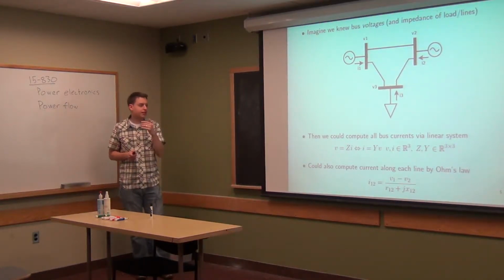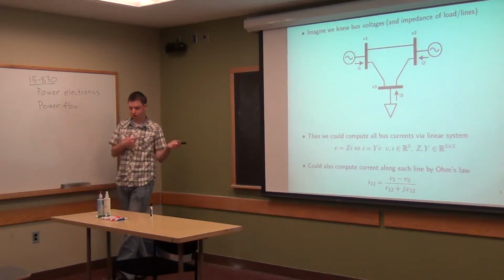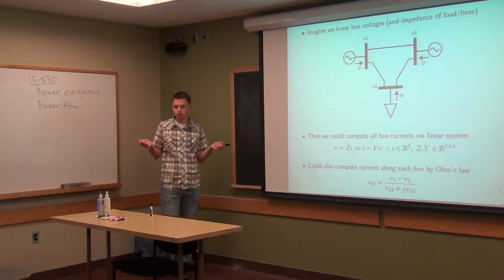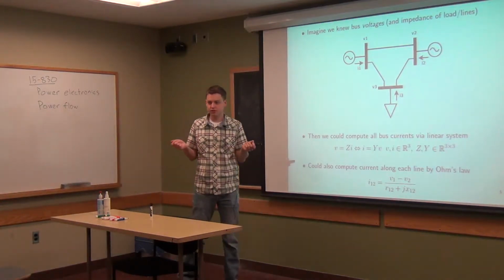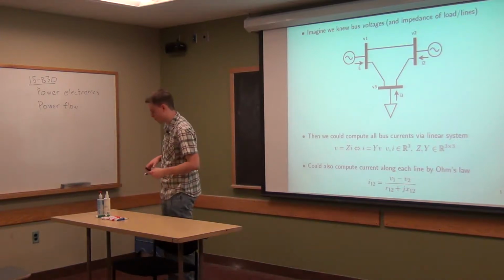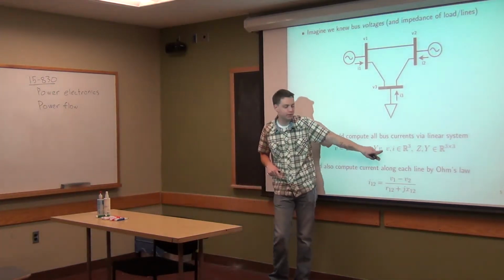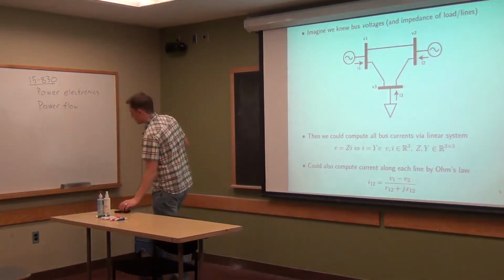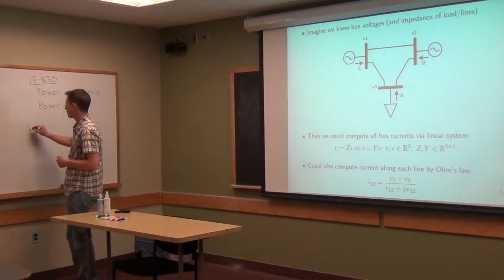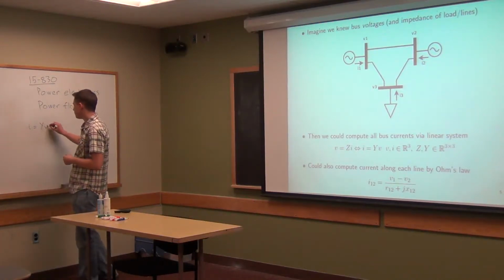If that was the case, then we could compute all the corresponding voltages by just solving our linear system. We'll talk today about how to actually compute these matrices. Any number of currents will be equal to some big matrix Y times the voltages.